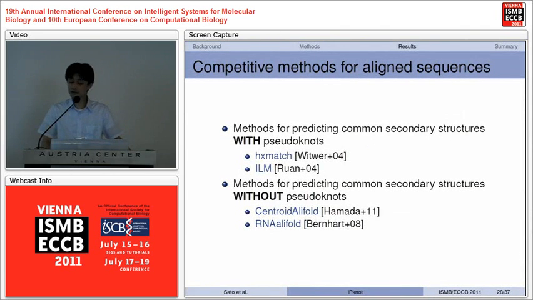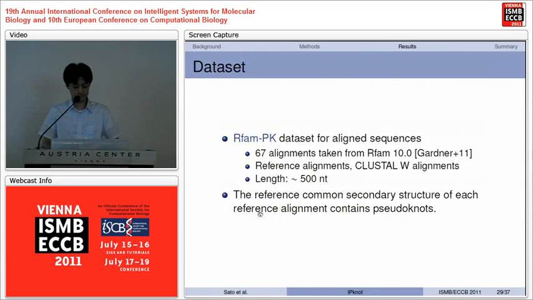And for aligned sequences, we also compared IPknot extended by the average base pairing probabilities with these competitive methods for predicting common secondary structures with pseudoknots and those without pseudoknots. We employed the alpha-PK dataset for aligned sequences, which contains 67 alignments taken from the Rfam database.